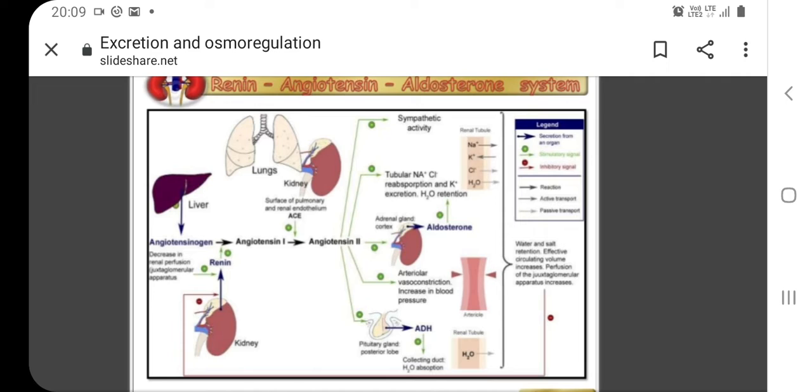Another important hormone known as the atrial natriuretic peptide hormone, designated as ANP, acts as a vasodilator. Its role is to decrease the blood pressure.